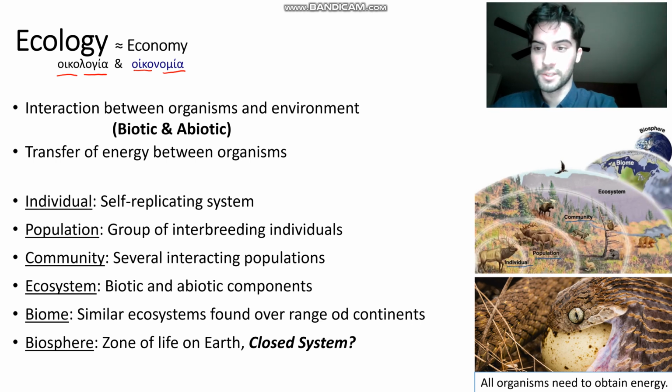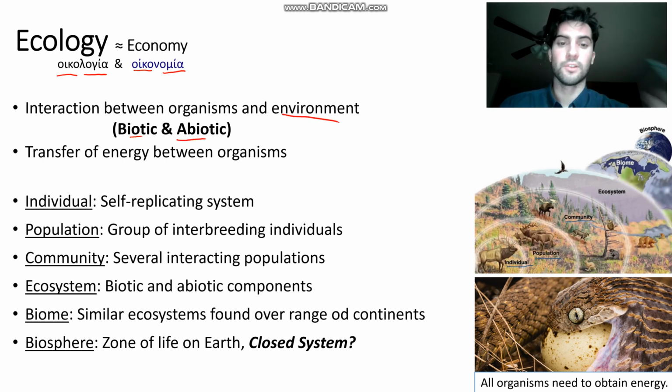In ecology we study the interaction between the organism and the environment, be the environment biotic or abiotic. And also in ecology we study the transfer of energy between organisms. Also in economy we study the transfer of money between systems.